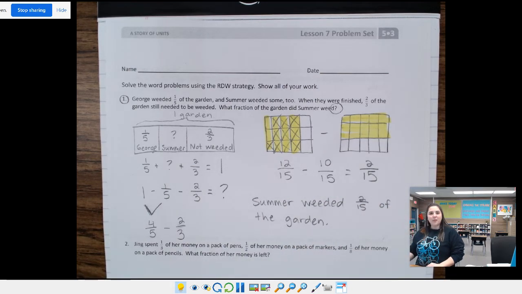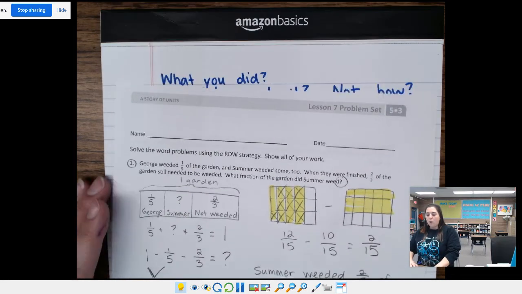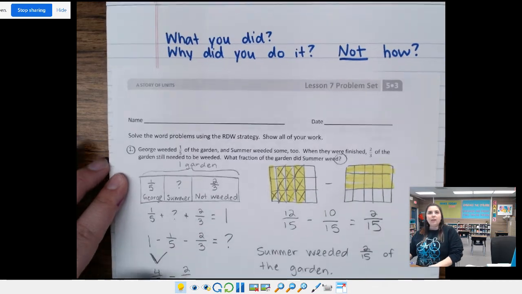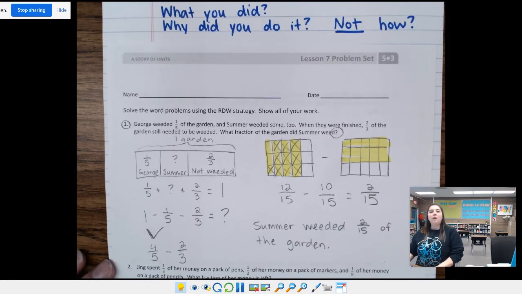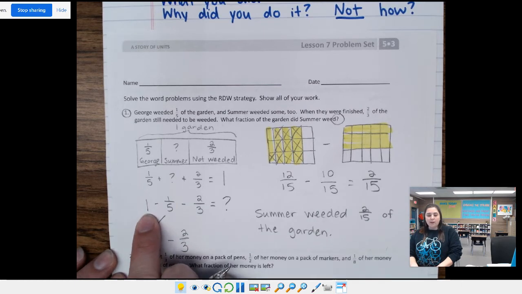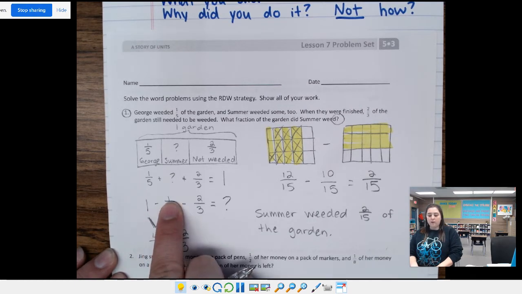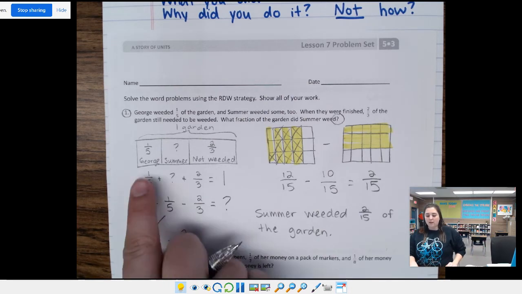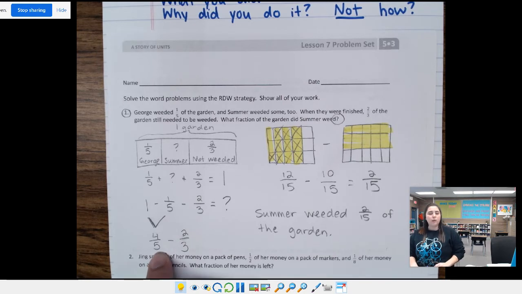There we go. Okay, this is the tricky part. Here is how, if this was mine and I was going to do a submission where I explain what to do or what I did and why I did it, here's what I could say. First, I subtracted 1 and 1/5 to figure out what was left to be weeded after George weeded.